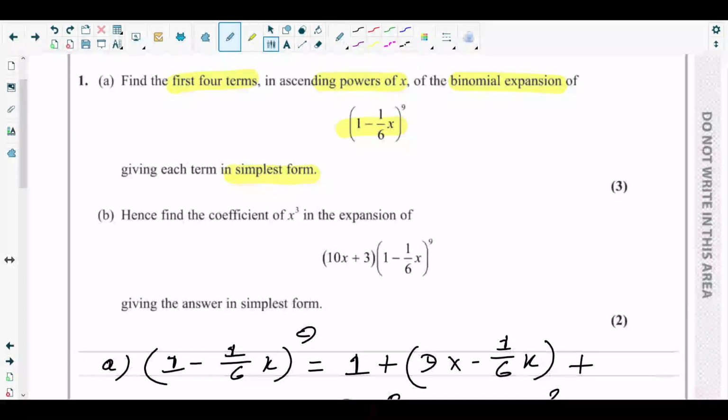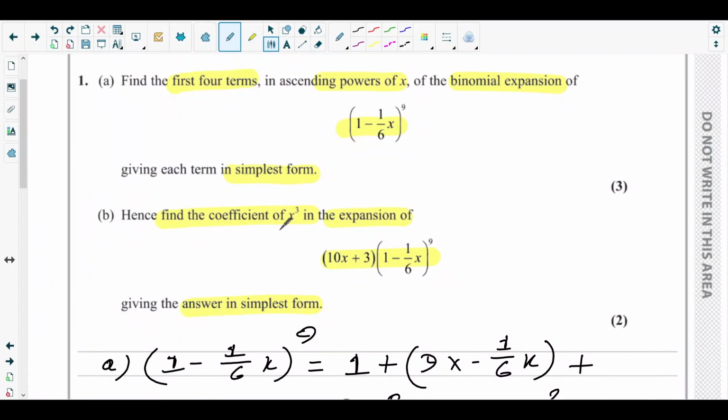Next is part B of question number 1. The question says, hence find the coefficient of x cubed in the expansion of (10x plus 3) times (1 minus 1 over 6x) to the power 9, giving the answer in simplest form.